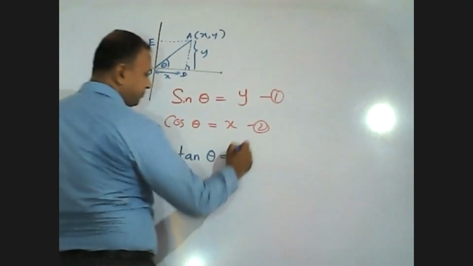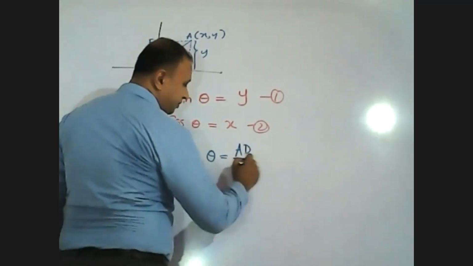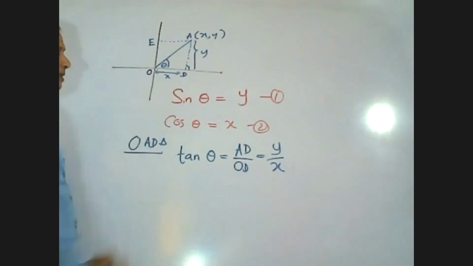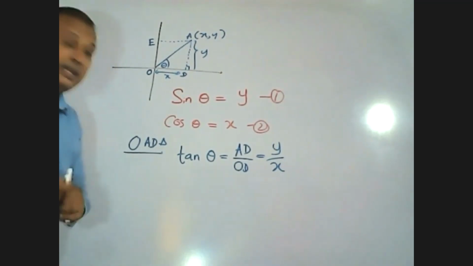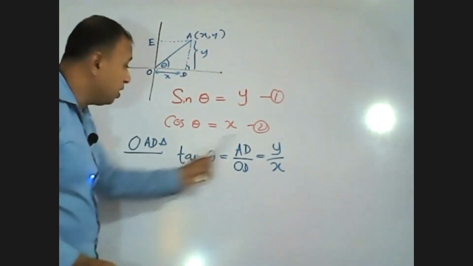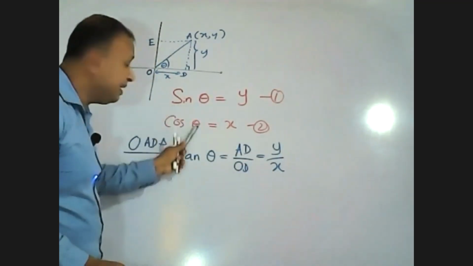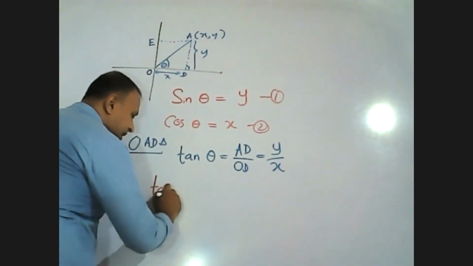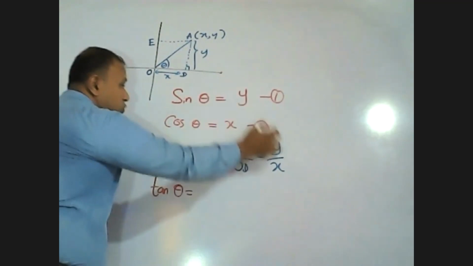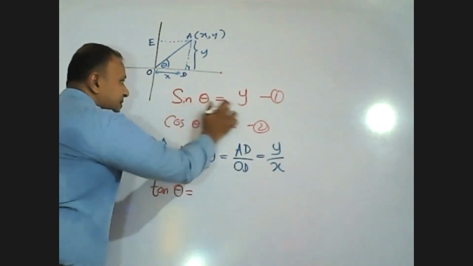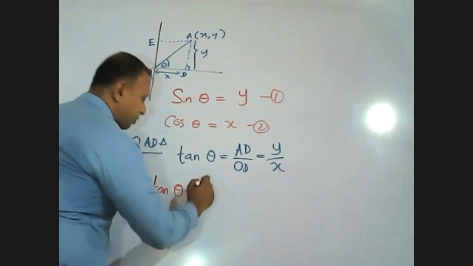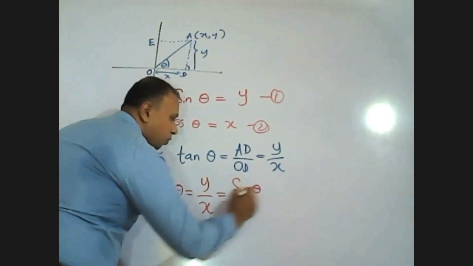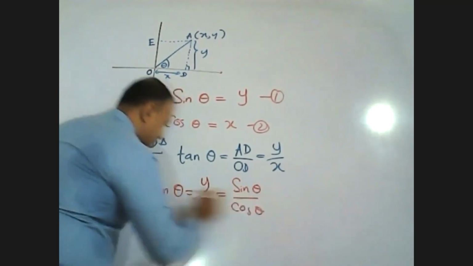AD means Y, OD means X. That's why tan theta is equal to Y over X. Y is sine theta, X is cos theta. That means tan theta is equal to sine theta over cos theta.